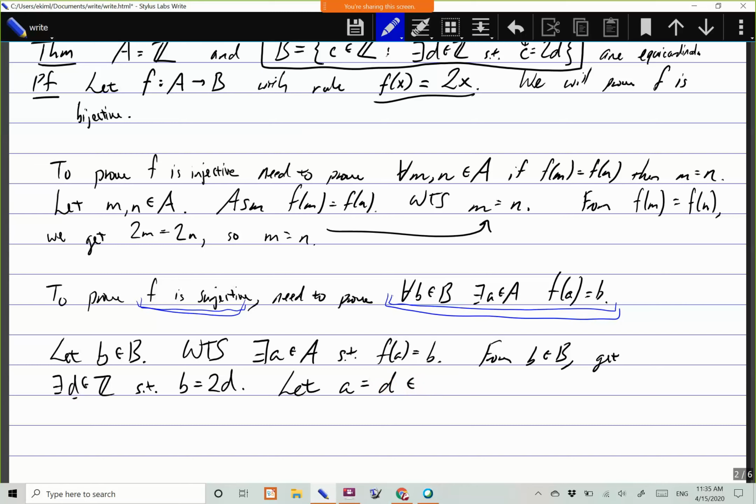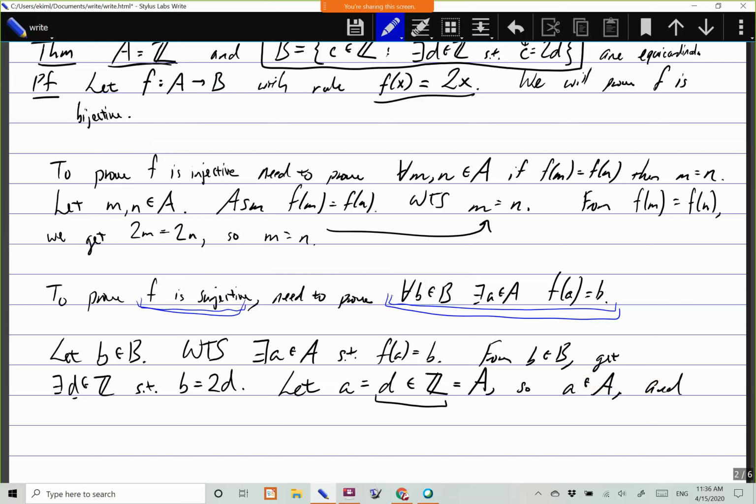D belongs to the set of integers. I just copied this bit over there, and then the set of integers, Z, way at the beginning, is equal to A. Right up here at the very top left, Z equals A. So if you follow what's going on here, little a is another way to write little d, but this thing belongs to capital A. That's good. We needed to prove there exists a little a in capital A. And then finally, we still need to prove f of a equals b.